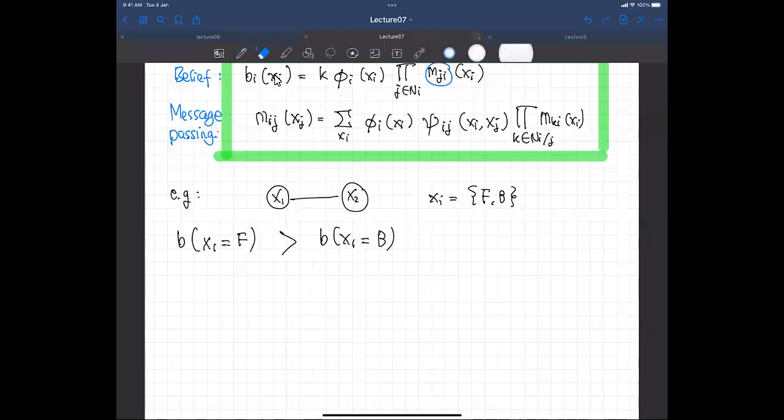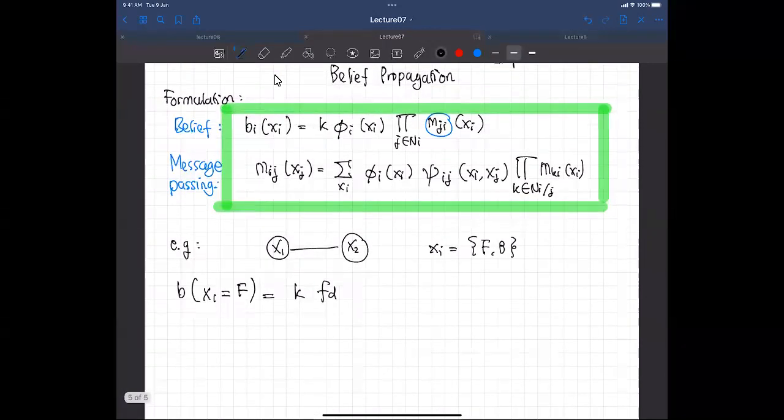Okay, so let's see how to compute the belief. The belief of x1 equal to f. We assume that x1 equal to f, and we want to know the belief of this. k is just a small number; later on, I will explain what the meaning of k is. And f_t is basically the same as this one. This one is the theta term, and you can put it as f_t.